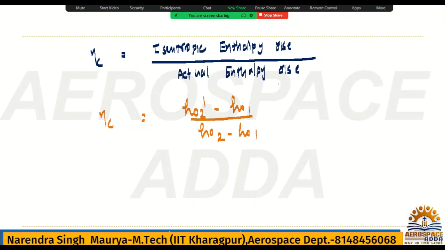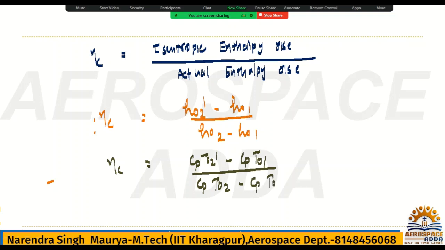If you write in terms of enthalpy, you can also write in terms of temperature. Eta c is equal to, enthalpy is Cp T, so Cp T naught 2 dash minus Cp T naught 1, divided by Cp T naught 2 minus Cp T naught 1.